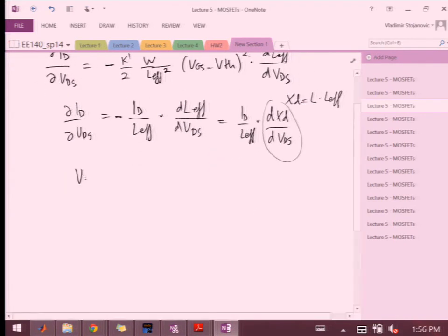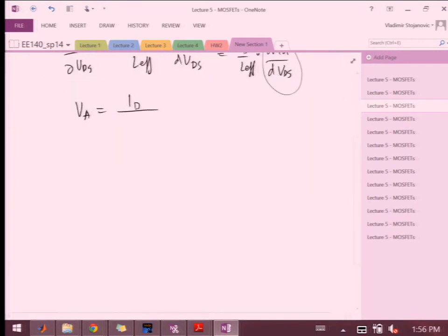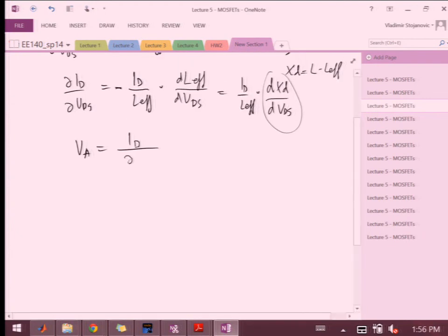So we can now define something very similar to what's happening in bipolars. We'll call it also VA, like the early voltage, which is ID divided by delta ID over delta VDS. So we're just taking this ID and this delta ID over the slope of ID versus VDS, and defining a voltage that we extrapolate to as the slope. This then goes to delta VDS to the minus 1.